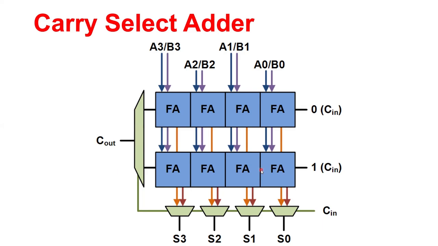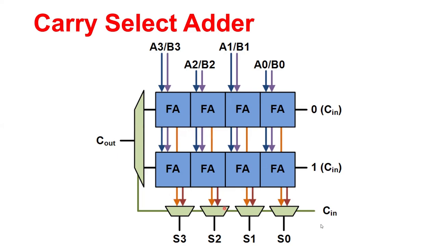So if there is no carry generation, whether it's initial or in between the stages, you can see that the sums from the top row, that is the orange lines, are available.